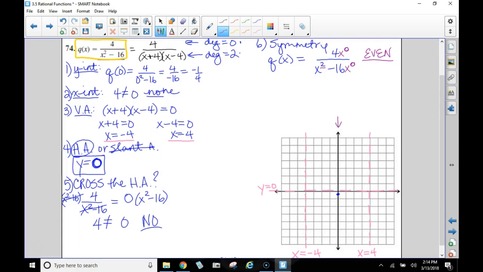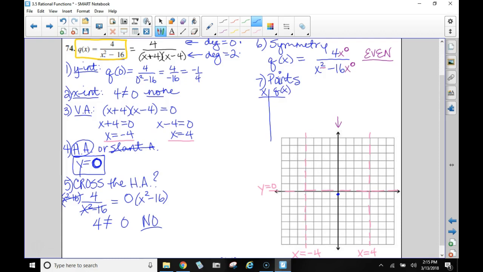Okay? All right. You may or may not want to do that, but we do have to figure out some more points. We're going to pick out some good x values, and we're going to figure their corresponding y values, or q of x values.